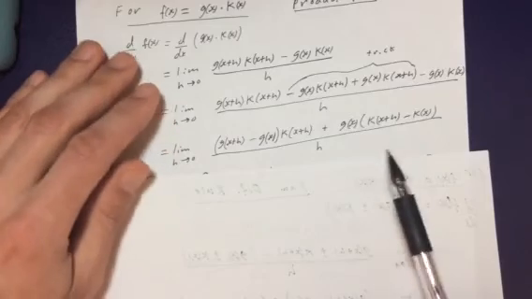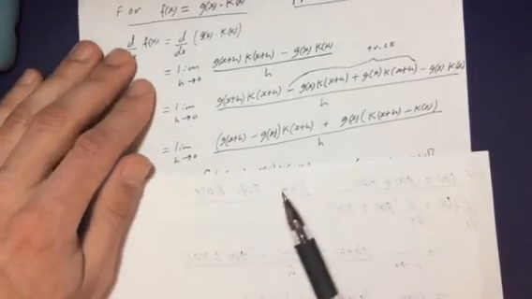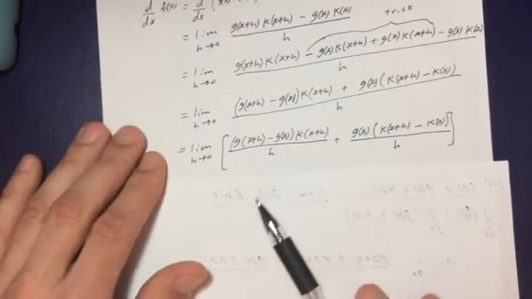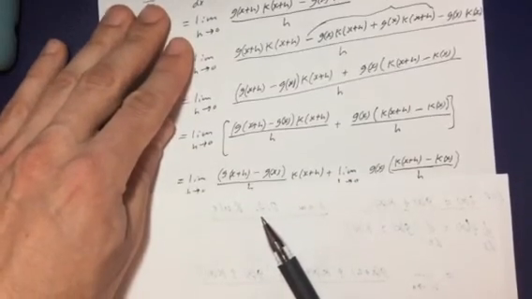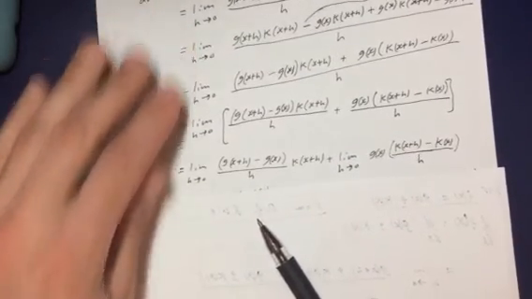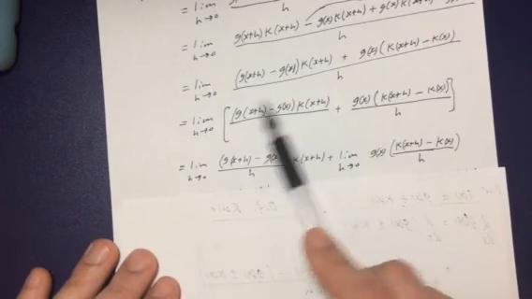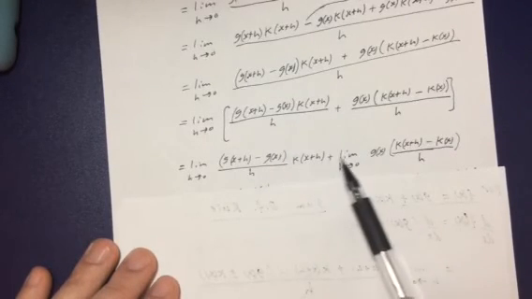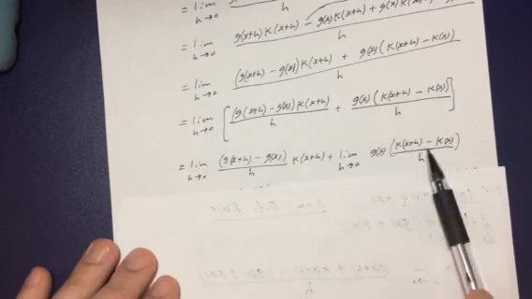Then we've got two fractions here, so we can break that up into two fractions. And now we have something nice here. We've got this piece over h times k of x plus h. And we can distribute the limit in.